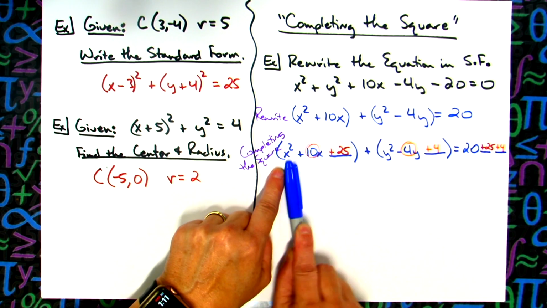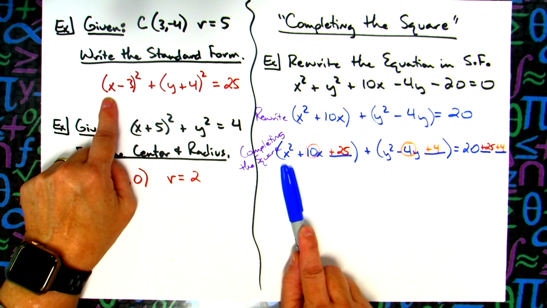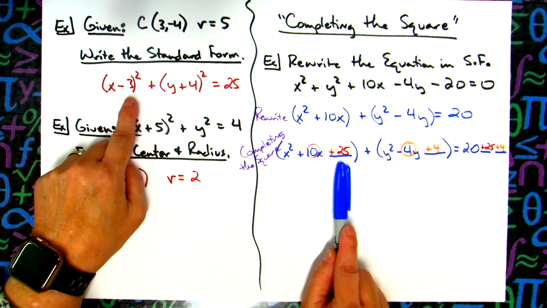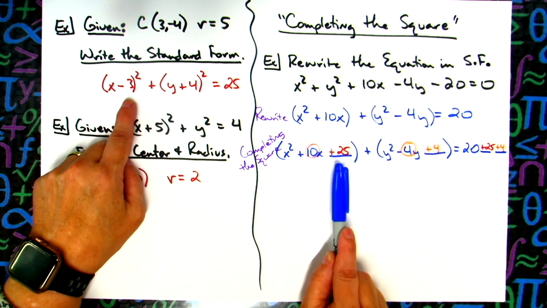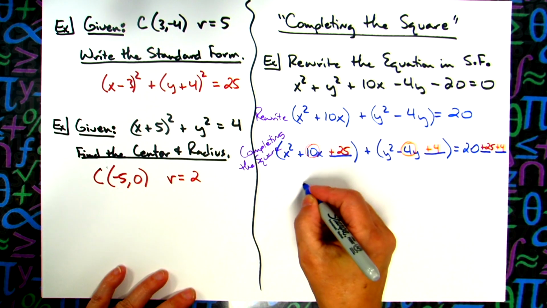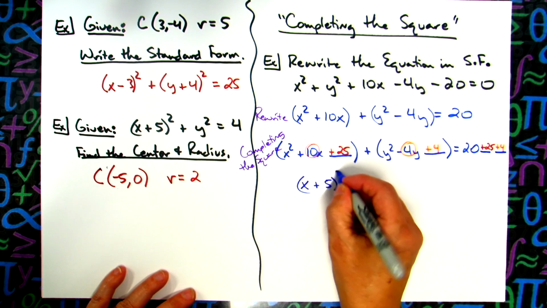This is a trinomial. Can you factor the trinomial? Yes, and it should look like x plus some number, quantity squared. That number is going to be the square root of that 25, which is a 5. So when I factor this, I get x plus 5 quantity squared.